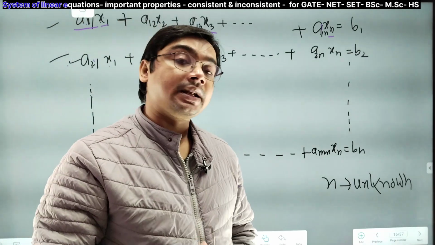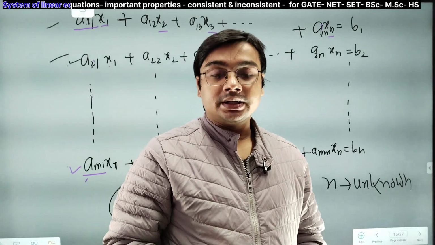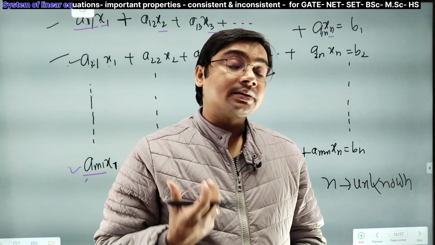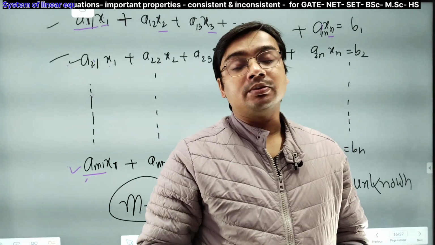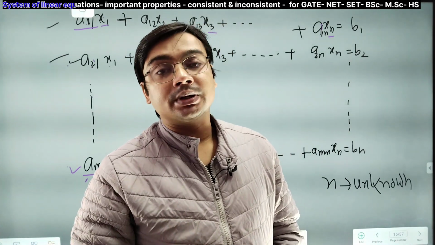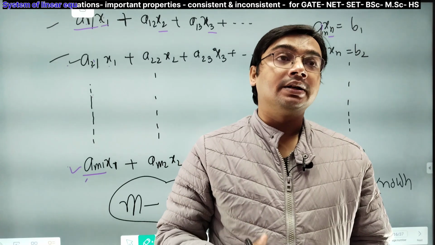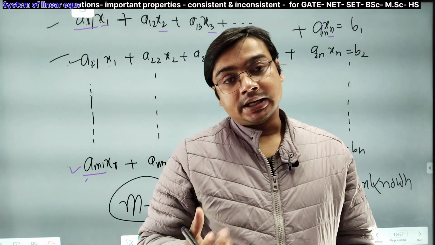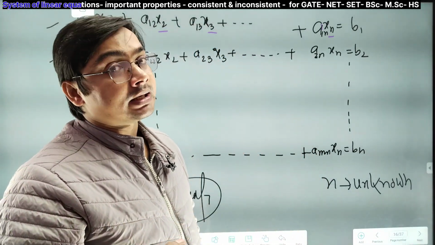Basically this class will be on the application of determinants, and we'll discuss some important properties of systems of linear equations. We'll discuss when a system is consistent or inconsistent, and under which condition the system has a unique solution, infinite solutions, or no solution.